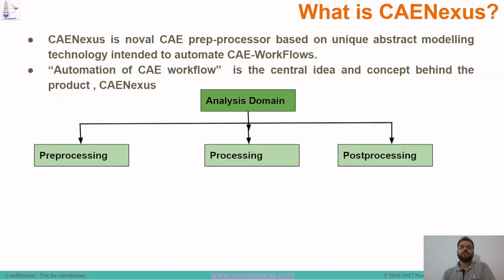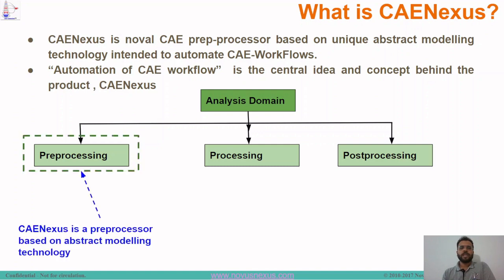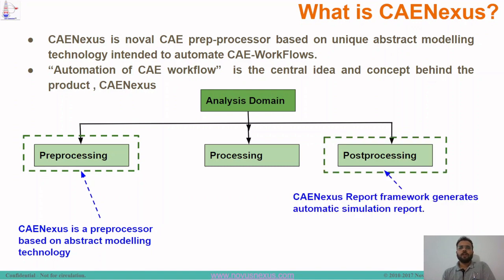Analysis domain is divided into three subdomains. The first one is pre-processing, second one is processing, and third one is post-processing. So CAENexus is a preprocessor based on abstract modeling technology. Also, the CAENexus report framework generates automatic simulation reports.